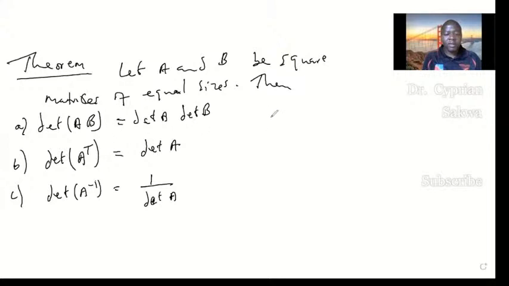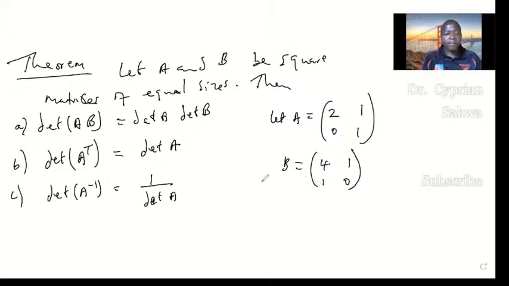For example, if you are to take A to be 2, 1, 0, 1 and take B to be 4, 1, 1, 0, can you show that the determinant of A times B is the same as the determinant of A times the determinant of B?